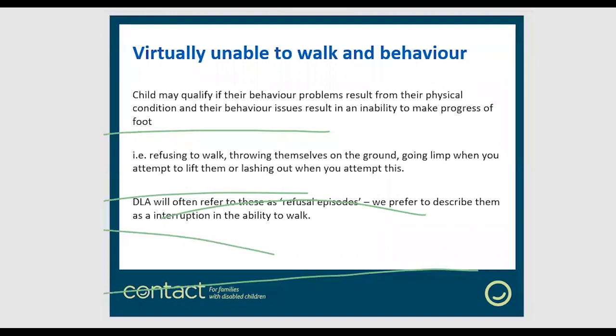It's been accepted in case law that conditions like autism, for example, or Down syndrome, or certain genetic conditions or chromosome disorders are conditions that have a physical origin. So the behavioral problems that your child exhibits as a result of those conditions can count. And if they're severe enough, then they could potentially lead to your child qualifying on the basis of these temporary interruptions in their ability to walk.